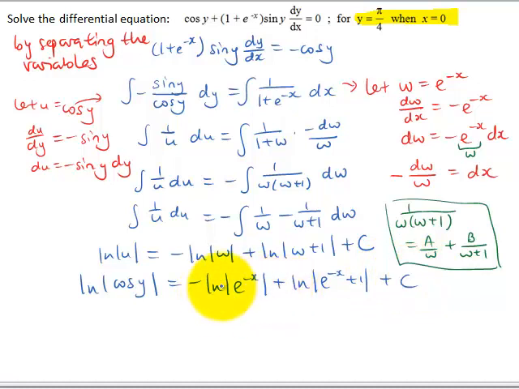I see that there is 2 ln here. In fact, it's this ln term minus this ln term. Then there's an interesting ln result. Let me show you. I know that ln a minus ln b gives ln a over b.